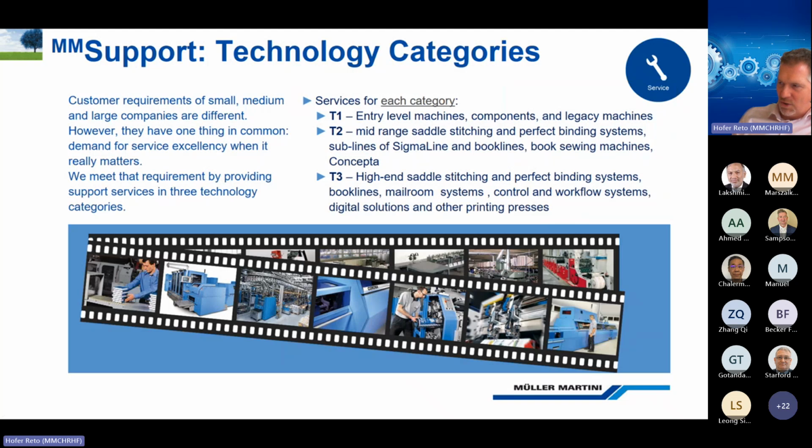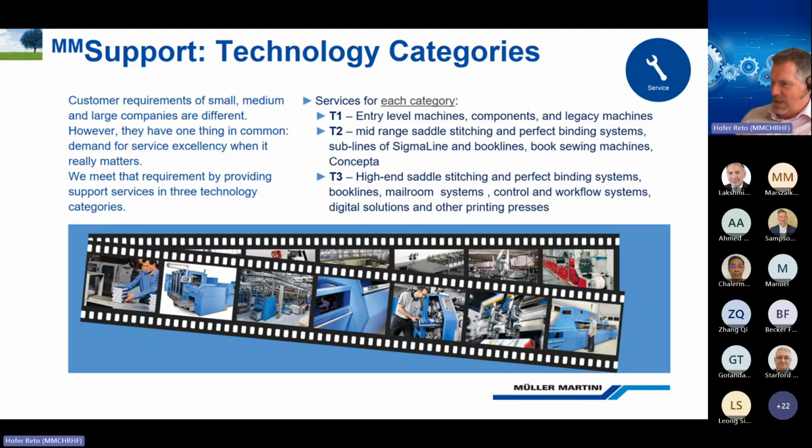We also use technology categories. Depending on the machine the agreement is for, we are using different technology categories that basically are used to differentiate between different lines based on complexity as well. So a T1 machine typically is an entry-level machine.